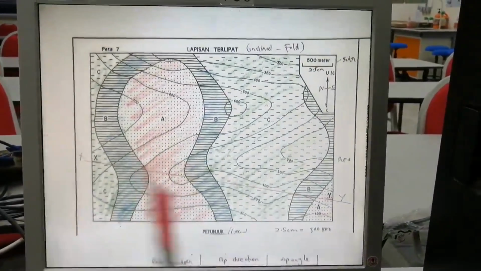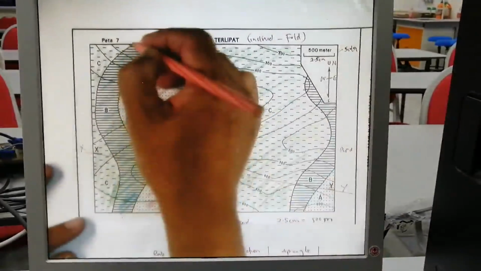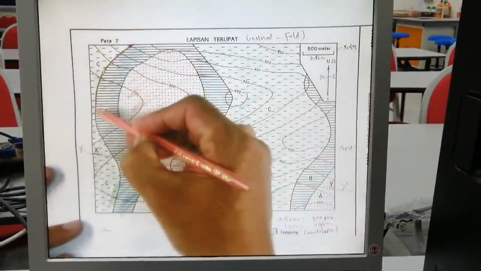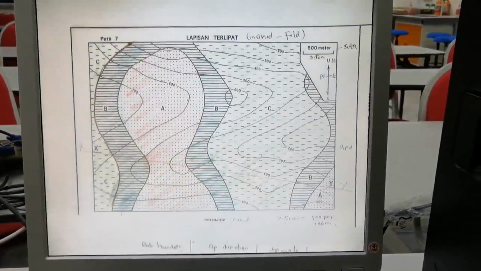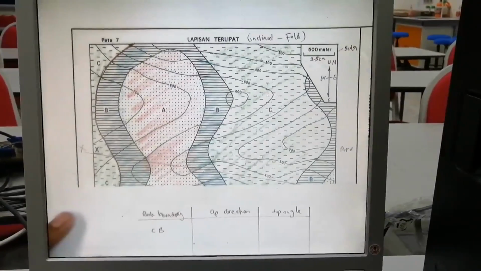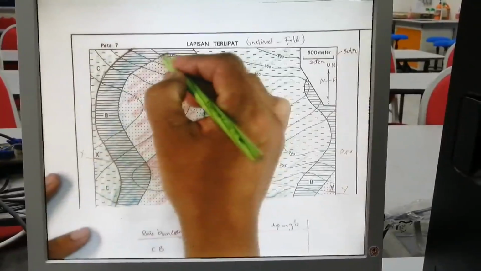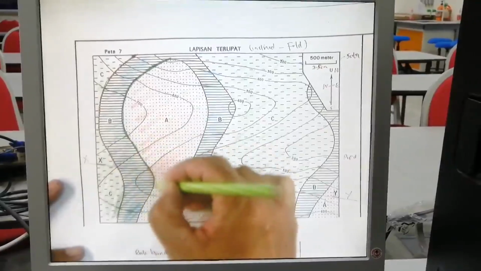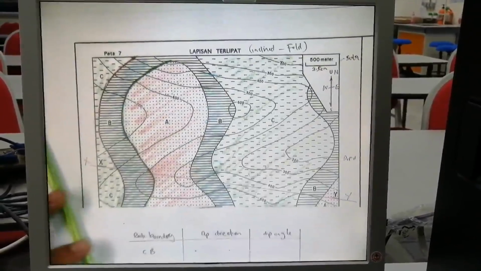You have to look at the rock boundaries, starting from the west, which is here. Boundary between C and B, so we have the boundary of CB. Then another boundary, BA.